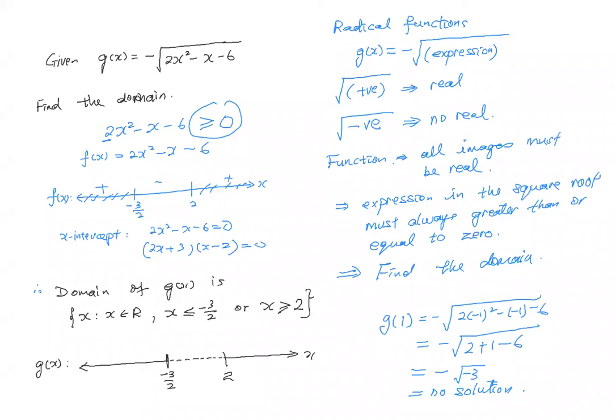So I ask again, why between negative 3/2 and 2 must I put a dotted line? Nicholas? Because x is smaller than negative 3/2 and x is bigger than 2. No, you didn't answer the question. I'm not sure, teacher. Okay, let's see here.